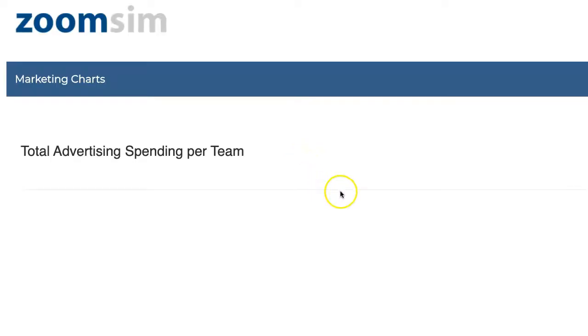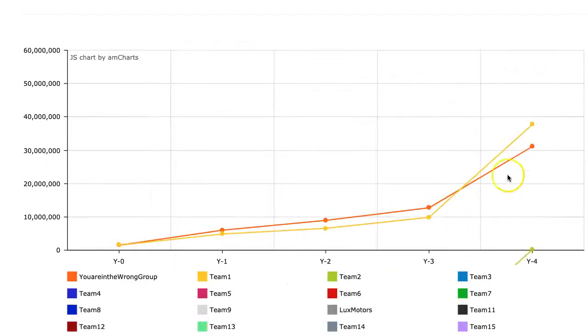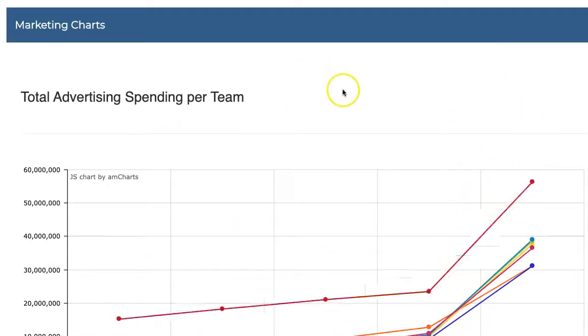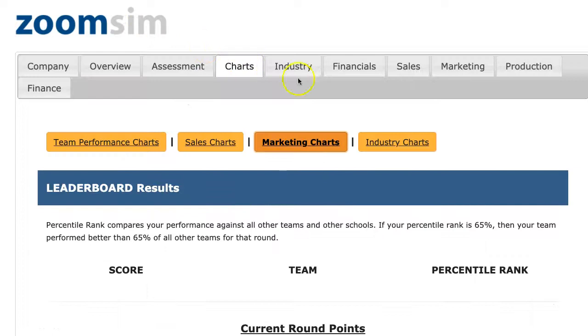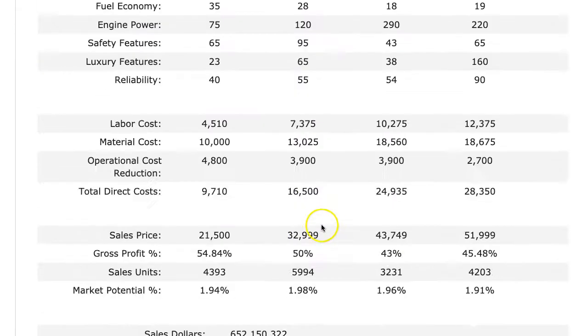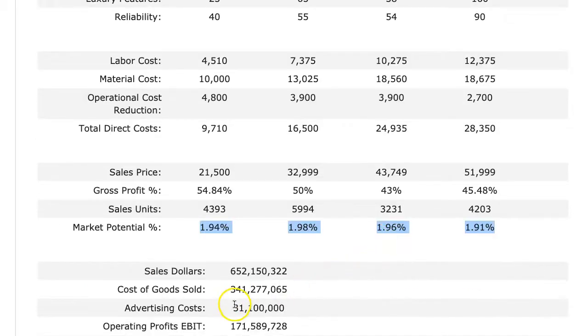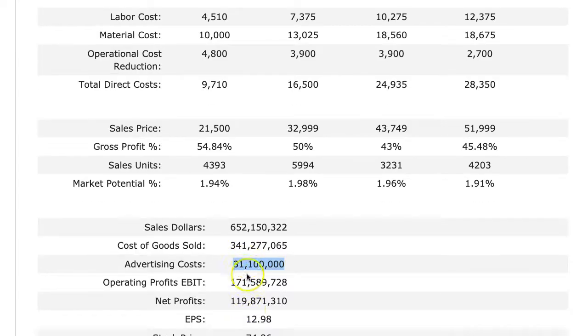In the marketing chart area, I can see how much I am spending compared to my peers. And if I go into the industry page, I can start looking at the market potential of different competitors. I can see how much they are spending in advertising compared to me. Am I spending much more than the average company, or much less?